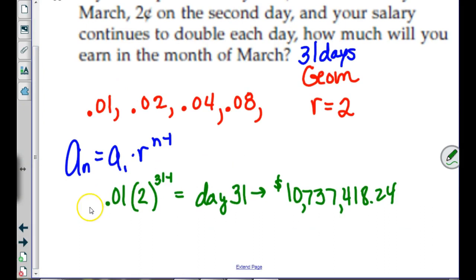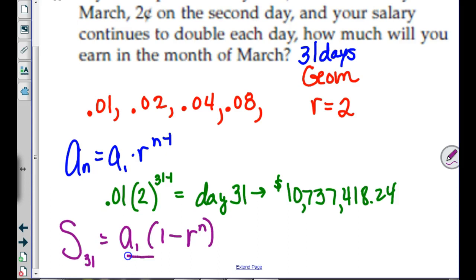What is the formula for a sum that is geometric? It is first term... Do you remember what I said though about this? You should be careful to put extra parentheses around R. It actually isn't going to matter because R is just a number 2 this time.